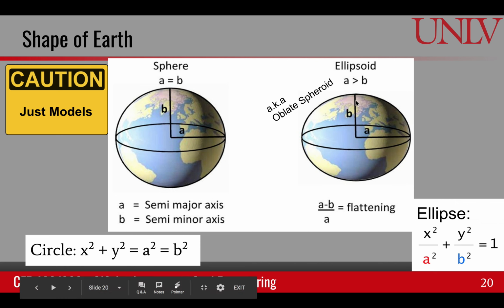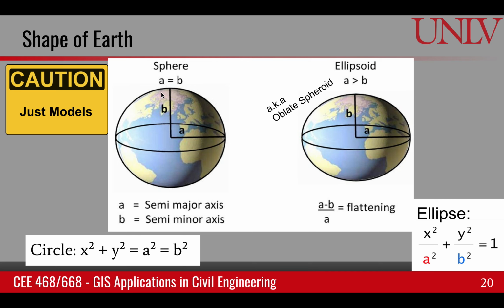In the case of a sphere, A is equal to B, and in the case of an ellipsoid, A is greater than B. There's a measure called flattening, which determines the relationship between A and B, and this flattening tells us how much this sphere or ellipsoid has been pushed down a little bit.